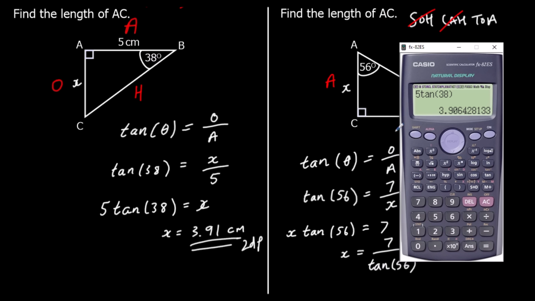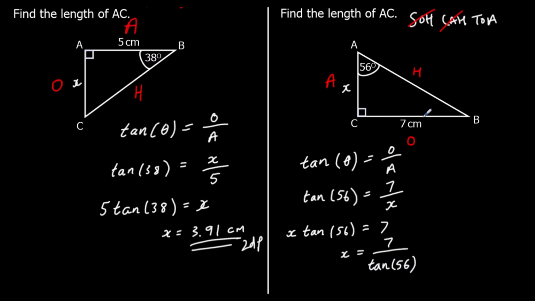So let's type that into the calculator. 7 over tan 56, and that's 4.72 to 2 decimal places.